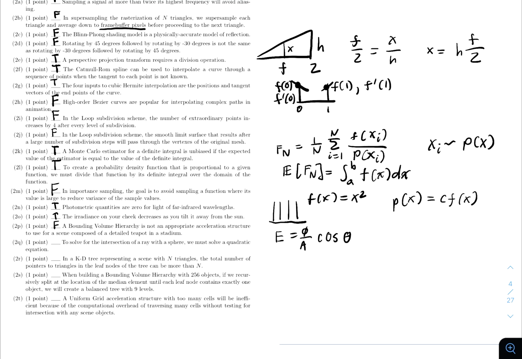When you have a detailed teapot in a stadium, this is an example given in lecture, the scale of the objects is very different and the concentration of objects is highly non-uniform. There's a lot of detail at the teapot, a ton of empty space. So using a uniform partitioning of the space would be quite inefficient. The bounding volume hierarchy, in contrast, groups the scene at the level of triangles, objects.